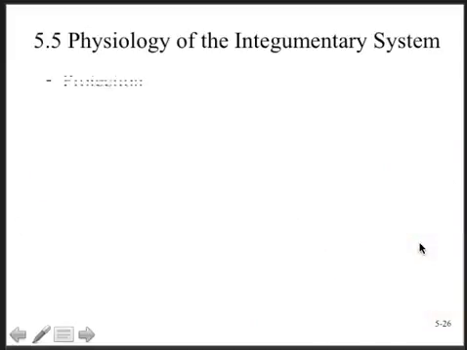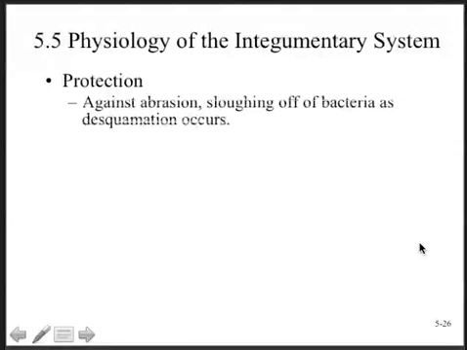Okay, so what does the integumentary system do for us? Of course, one of its most important functions is protection against abrasion. As it sloughs off, bacteria are removed in the process of desquamation. Remember that the bacteria that are all around us all the time try to set up an area of infection and penetrate this outer barrier, and it is shed, and that's again by design.